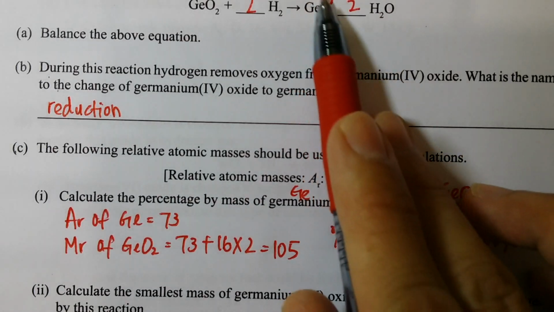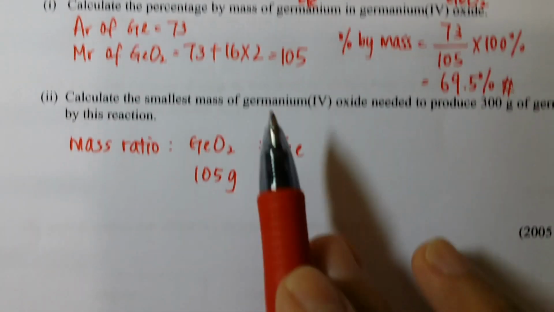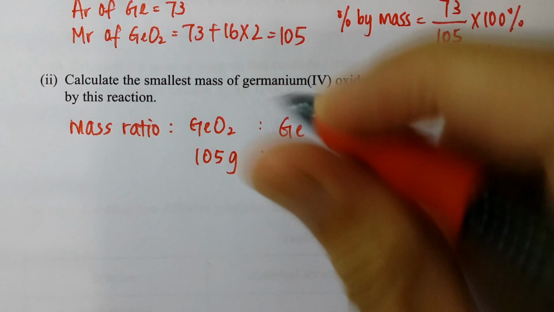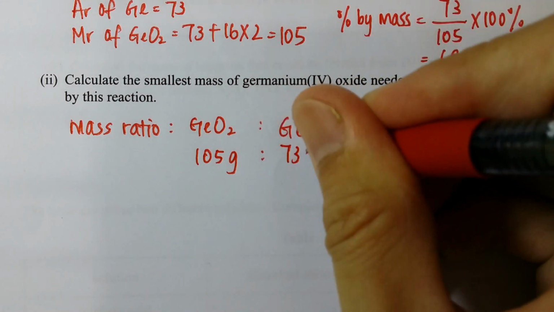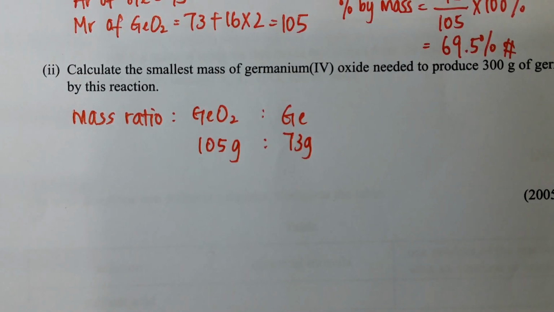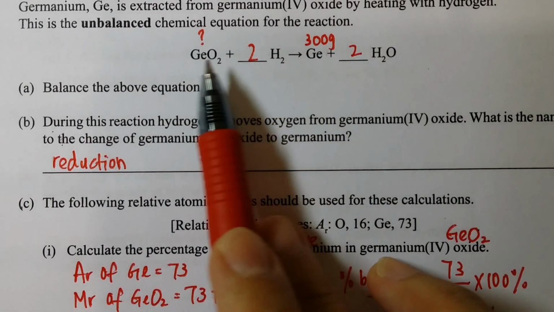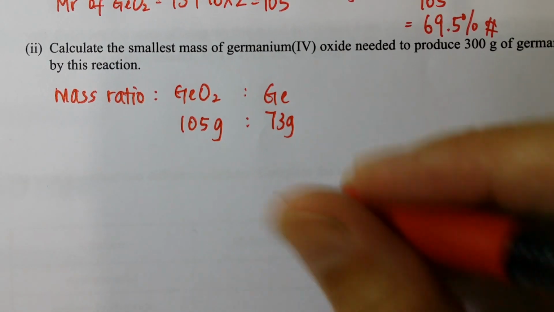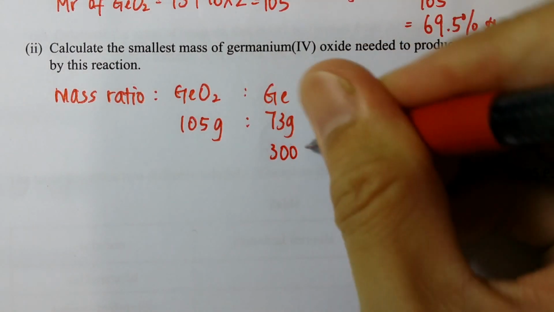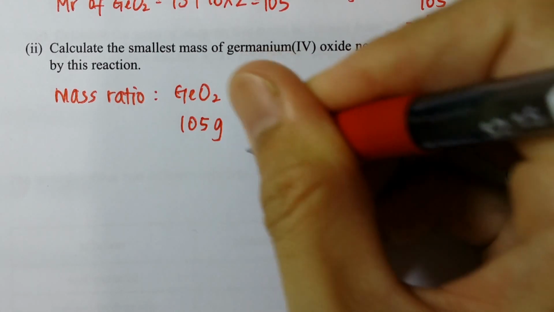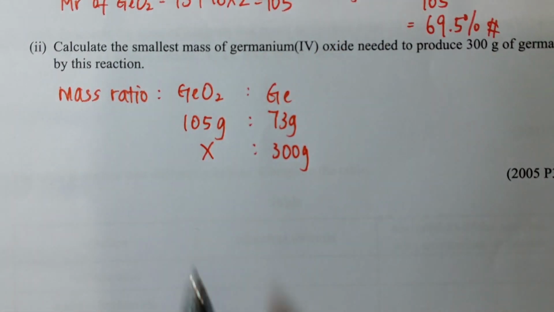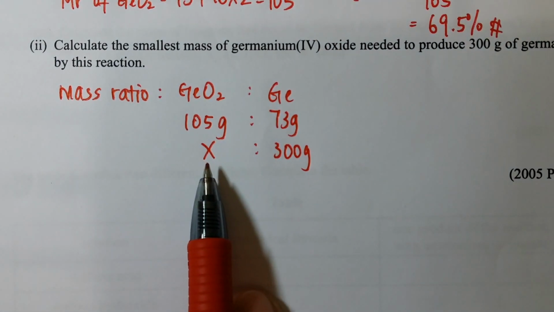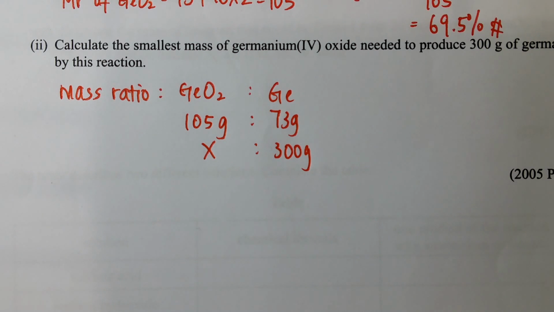What would be the mass of 1 mole of germanium? That would be 73. Mass of 1 mole. Okay, and now, so this is a mass ratio based on the chemical equation. And now you have how many grams of germanium? You have 300 gram of germanium. So what would be the mass of germanium(IV) oxide needed?